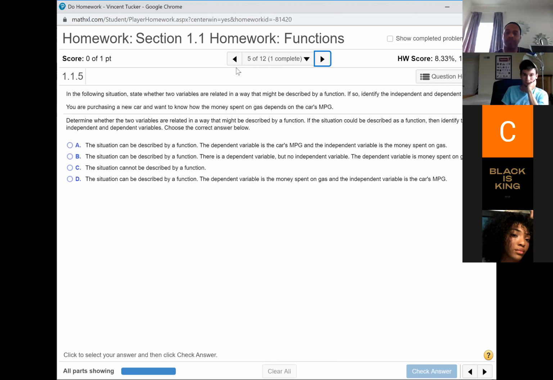And so these are the applications that they want you to use when you're relating it to a function. Once again, your domain can only go to one value in your range. So when I jump out of this plane, 1 second out of the plane will be a certain distance. 2 seconds out of the plane will be another distance. 3 seconds out of the plane will be another distance.